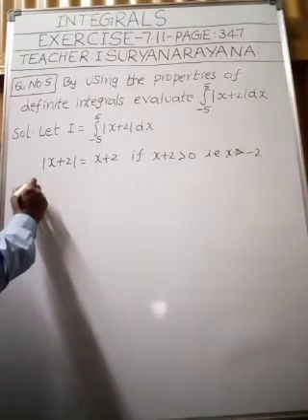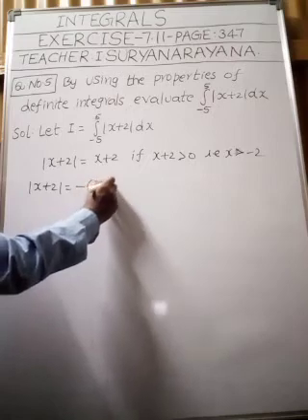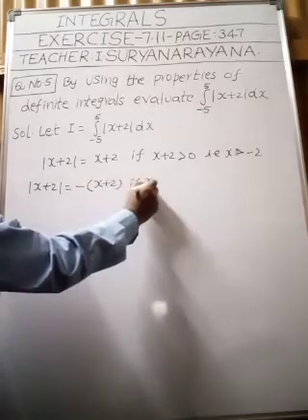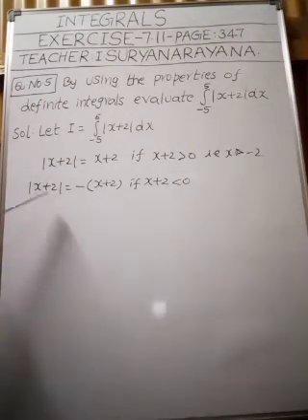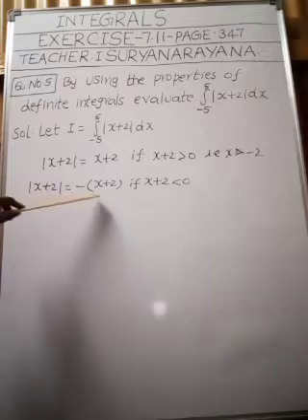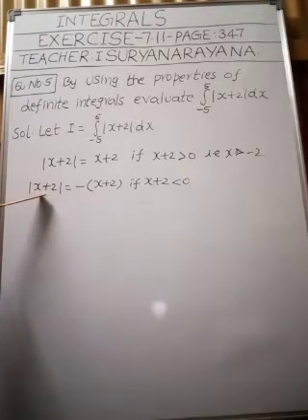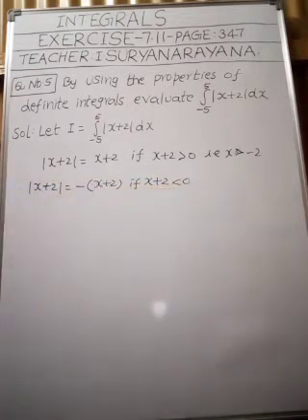Similarly, modulus of x plus 2 is equal to minus of x plus 2 if x plus 2 is less than 0. Do you remember the definition of modulus function, my children? Modulus of x is equal to minus x, where x means x plus 2. Okay, my children? So modulus of x is equal to minus x if x is less than 0.